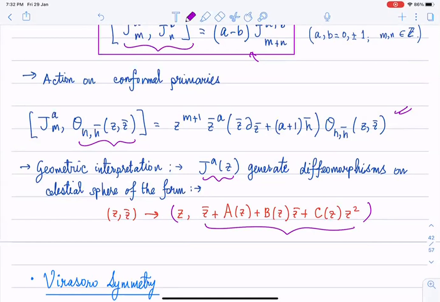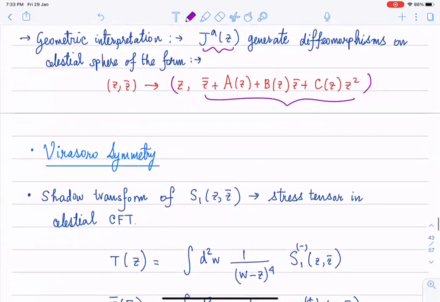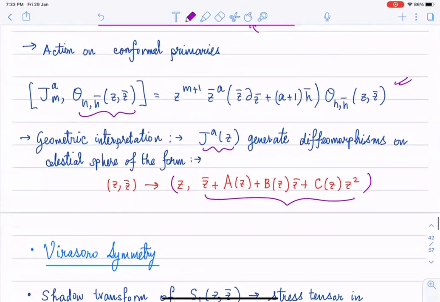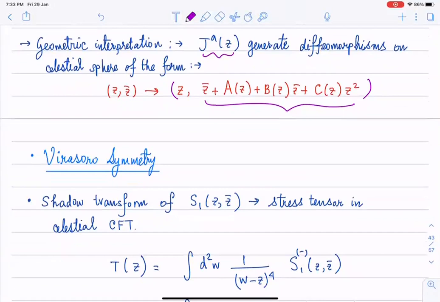Okay, good. Right. So now let me also briefly mention another symmetry which follows from the subleading soft graviton theorem, and that is basically the Virasoro symmetry. And so this will connect to a question which one of you asked last time.